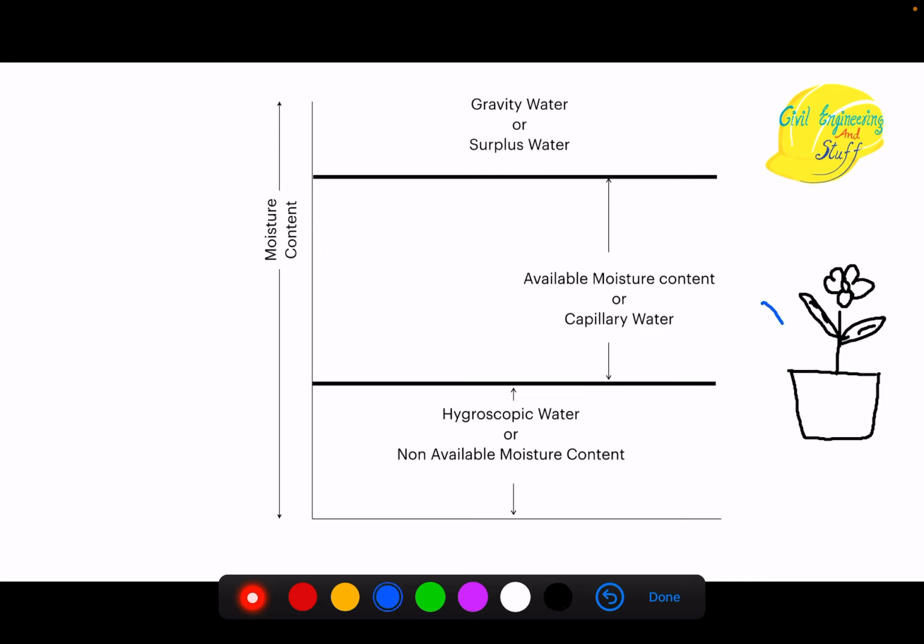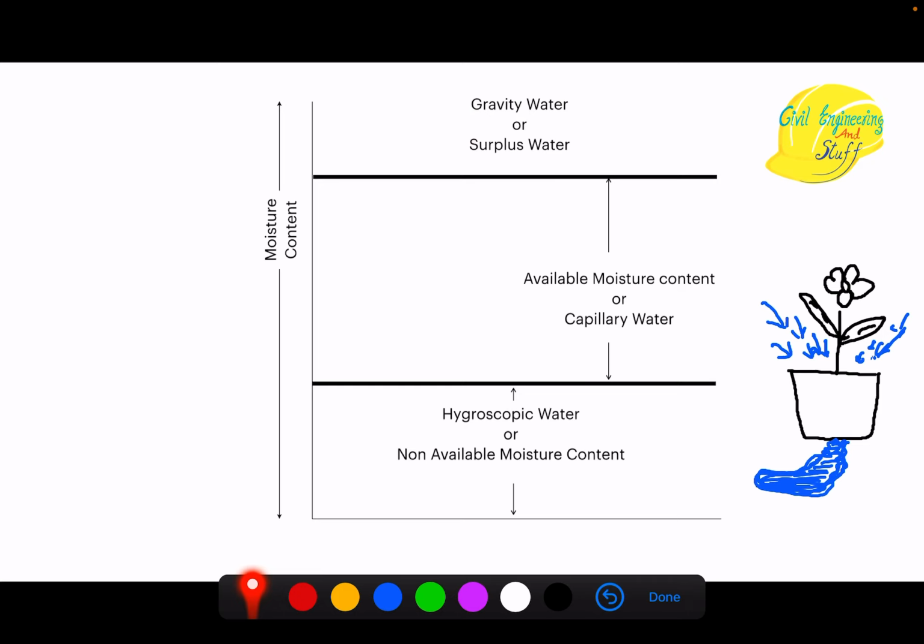Now, if you keep on watering the plant, if you provide some excess quantity of water, you must have observed that the excess water drains out from the bottom of the pot. This drainage is under the action of gravity, right? This is the surplus quantity of water that was provided by you. This excess quantity of water is what we call the gravity water.